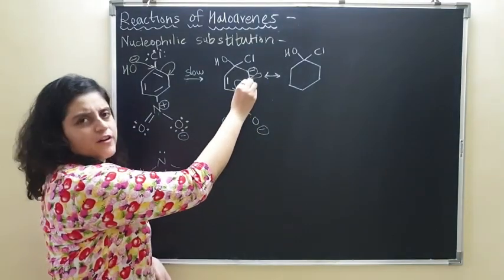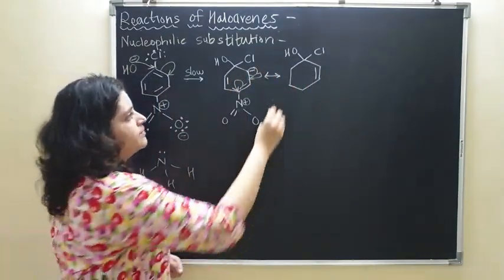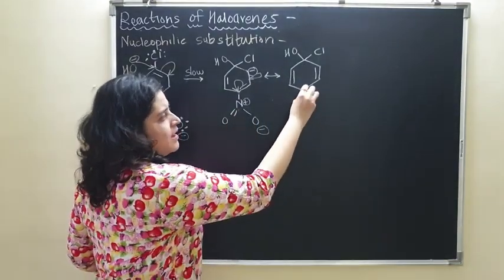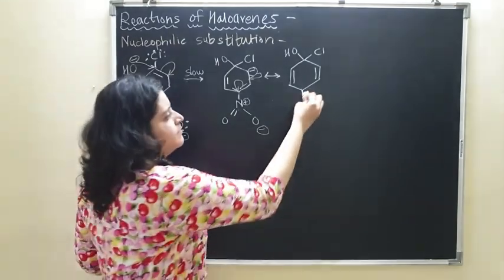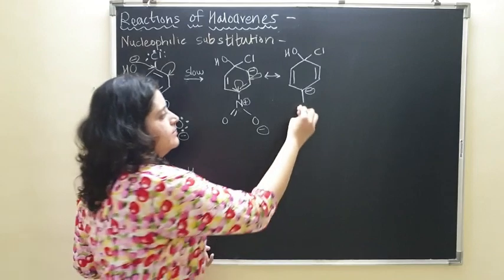So after the shift of the electrons over here, there is going to be a double bond, and on this carbon atom a negative charge will be located.